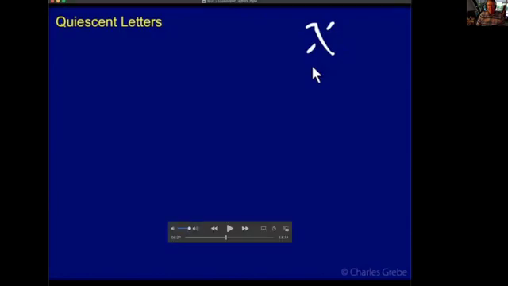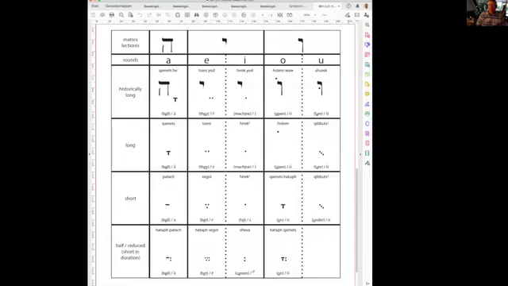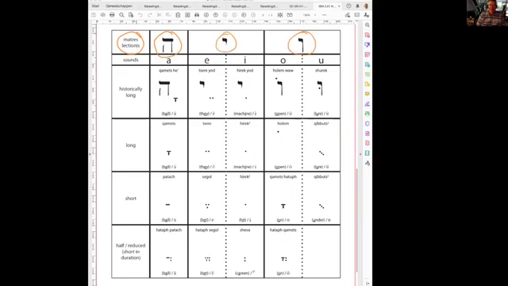Just a short recap. The letters that can become silent or quiet are the letters that are matres lectionis. And I have the table here again. As you can see, the matres lectionis over here are the He, the Yud, the Vav, and he has added the Aleph, because the Aleph sometimes functions as a mater lectionis also.